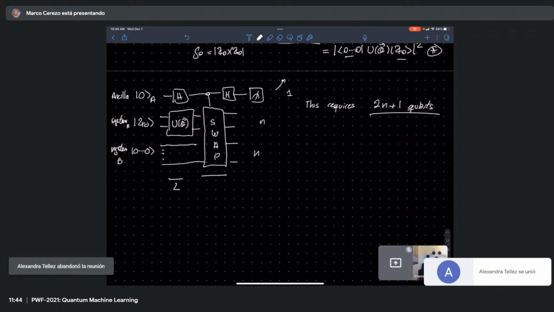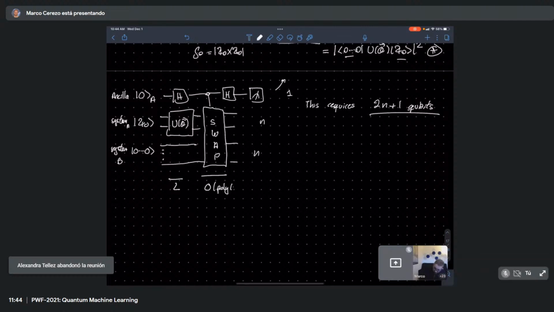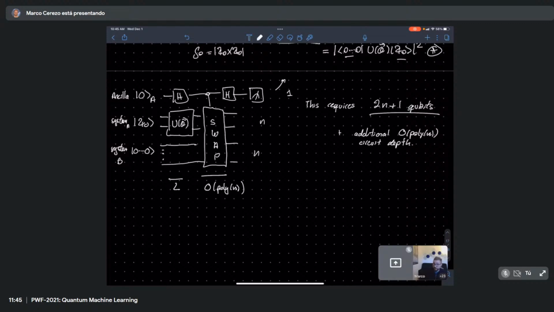And this is usually going to be a circuit that has a depth that is order poly n. So we also come at the cost of 2n plus 1 qubits plus additional order poly n circuit depth. So again, there is no free lunch in quantum computing. You want to do something, but you're going to have a problem. The thing is that this is still polynomial, right? So we're not incurring an exponential depth.